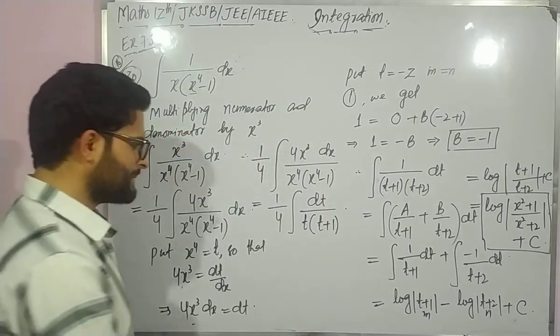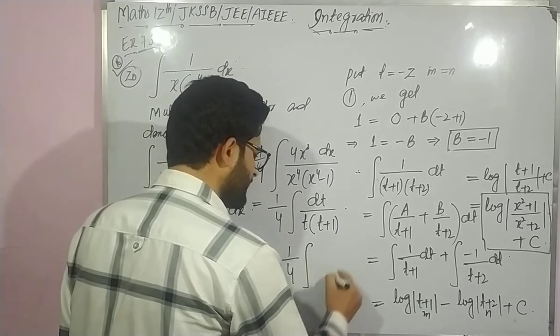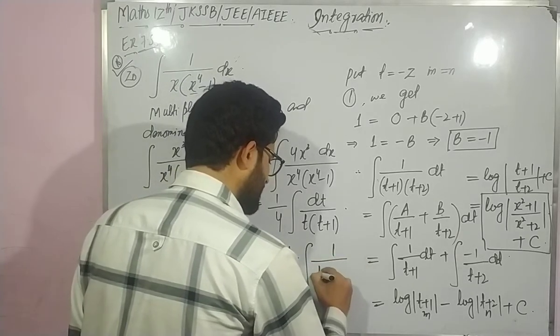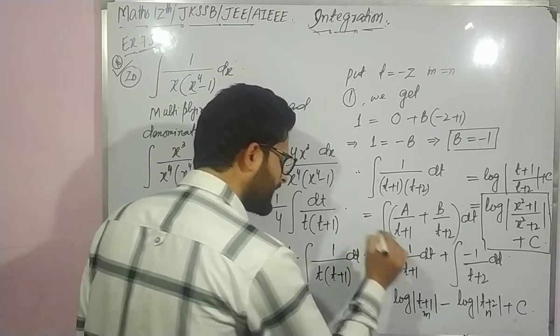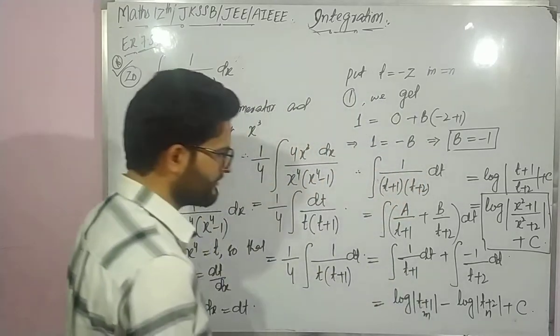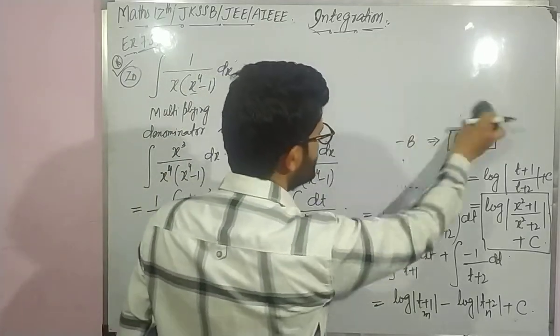Now obviously this can be further written as 1 divided by 4 integration of 1 divided by t into (t plus 1) dt.